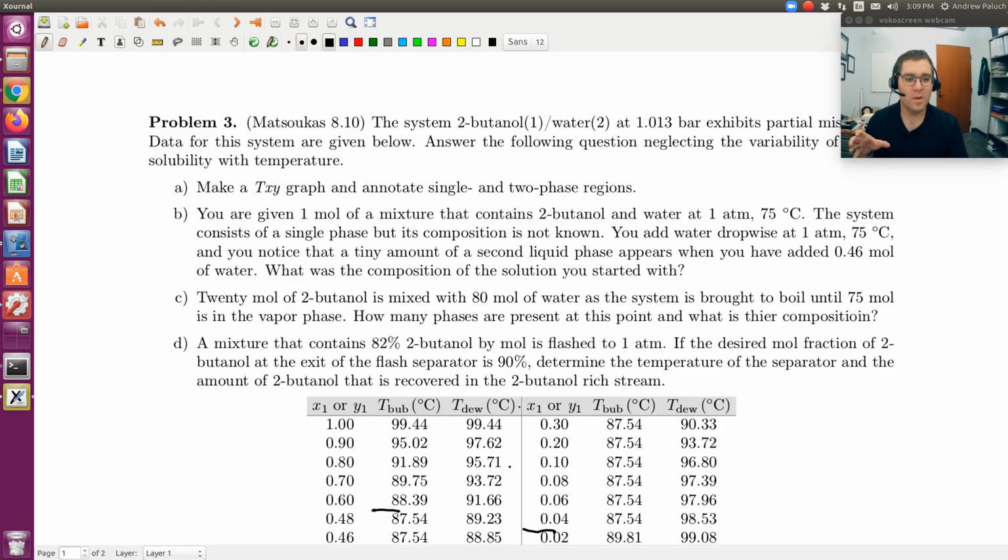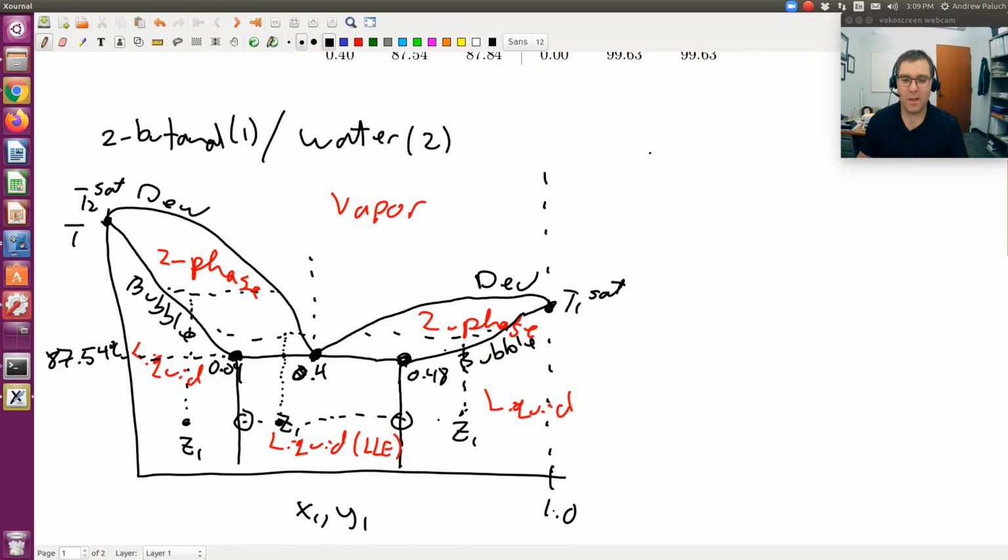And so if I were to look at my phase diagram, if I'm going from one phase to two, it must be that initially I have some mixture, say, over here. So if I'm to the right of this vertical, then I have a single liquid phase.